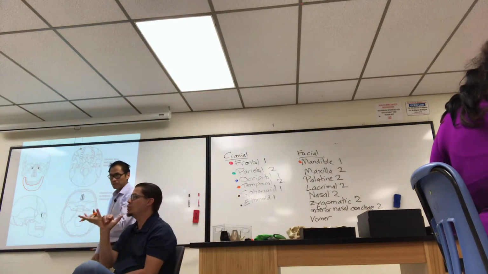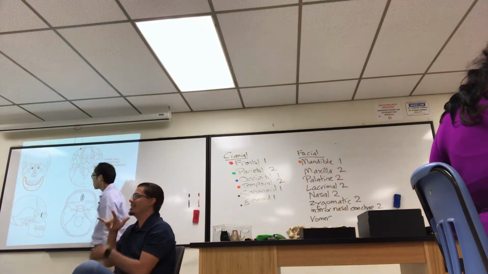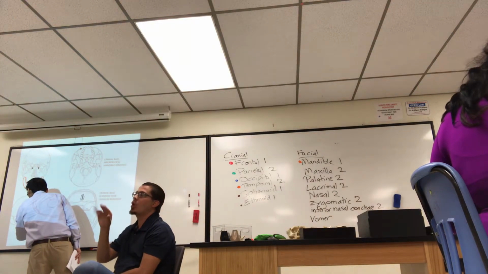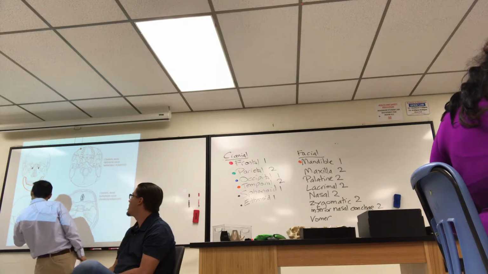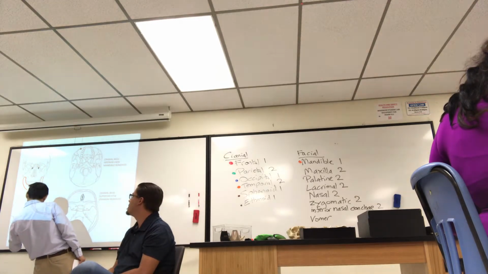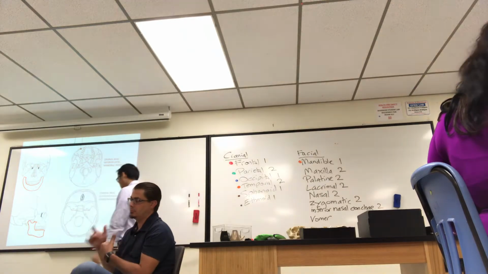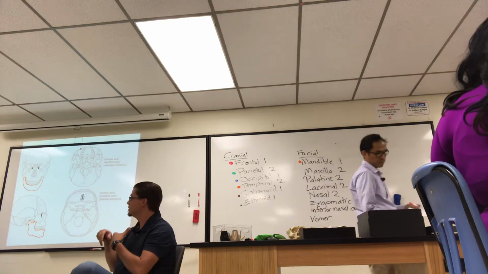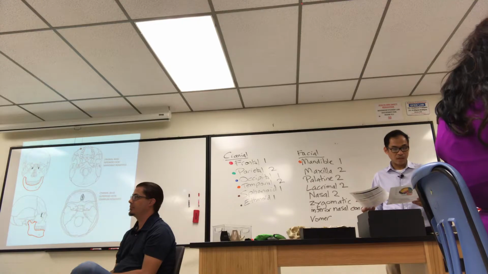Okay, it's got sockets for teeth, but it's not part of the mandible bone. So that's your lower jaw there. On the side view, you can see it right here. Lower jaw from that view. And you cannot see it from the other views because it's not there.